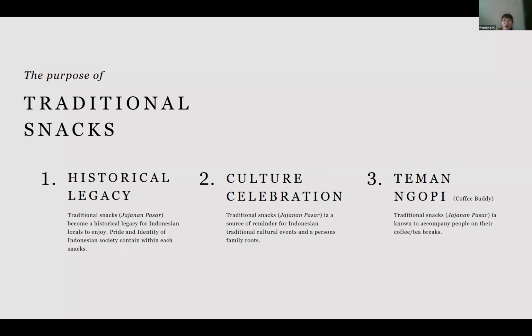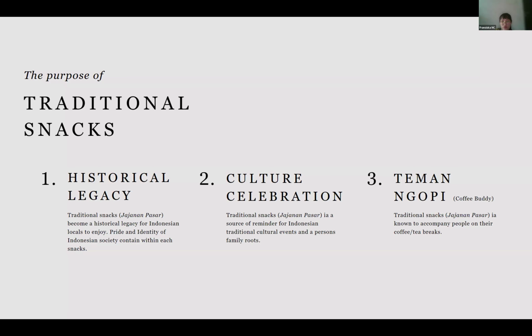As you can see, lapis legit appears in cultural celebrations such as Christmas, Chinese New Year, I'm sorry if I mispronounced it, Idul Fitri, or even weddings. Linked to that is cultural celebration, which, like I've said before, is a big part of the diversity, which is also part of traditional snacks.